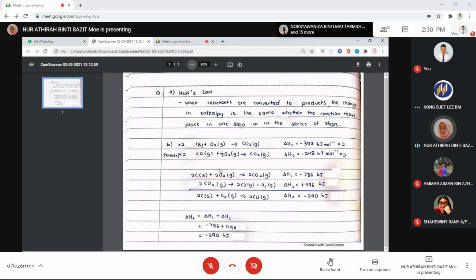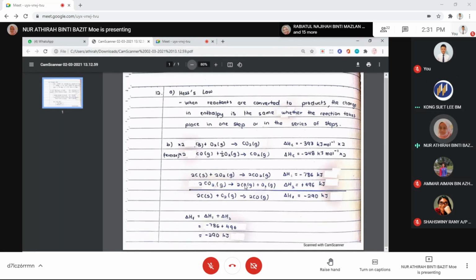So we need to reverse the second equation and times 2. For the enthalpy, we need to times 2 also. And we will get 2C plus 2O2 gives 2CO2. The enthalpy is negative 786 kilojoule.